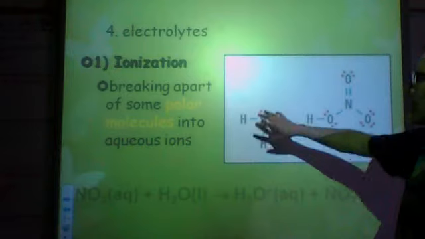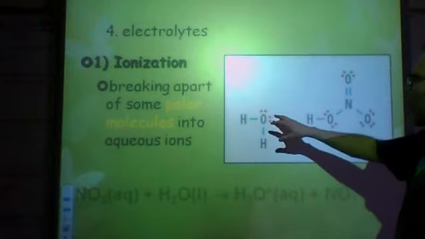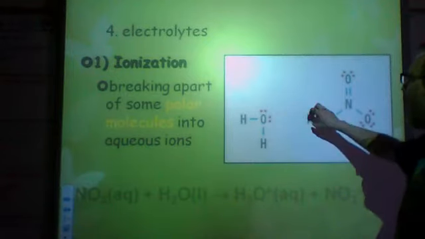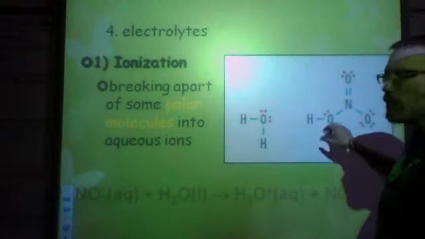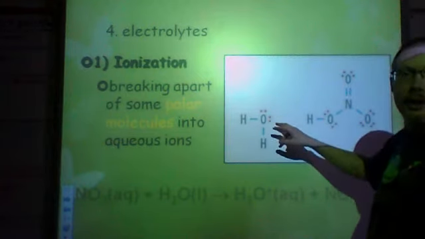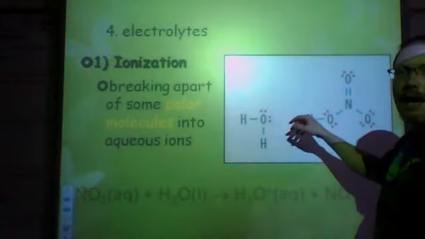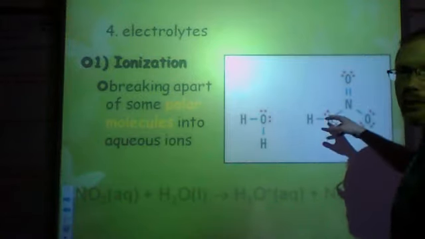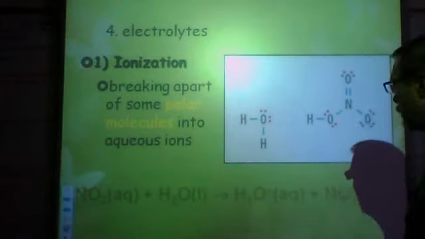When it reacts with water, the water is going to pull the hydrogen ion off of that nitric acid molecule to form what's called hydronium ion, H3O+, and then also nitrate ion, which would be just NO3 with a negative charge.